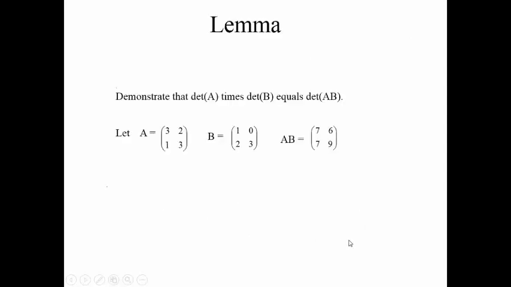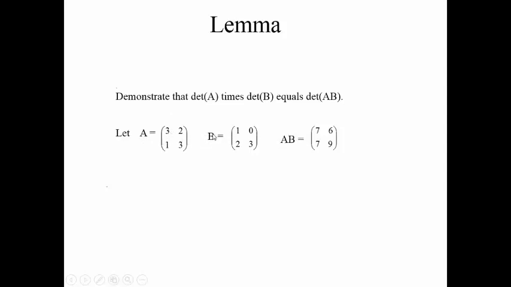And now we have a little lemma, which is a little side proof. We're not actually doing a proof, we're giving a demonstration. The demonstration is that the product of the determinants of two matrices equals the determinant of the product of the two matrices. So here we're just going to demonstrate it. We have A and B, and then we take the product AB.